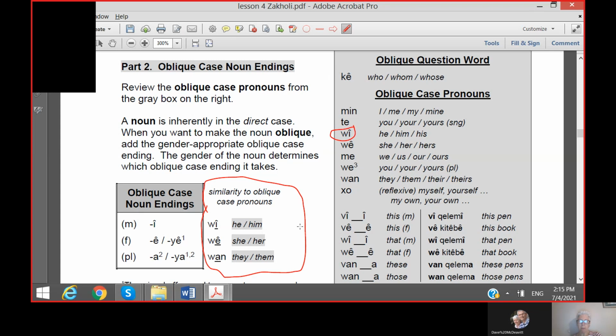It's we. And we ends with an I with a hat. And that is the masculine oblique case noun ending. Same thing with she or her. It's way. And way ends with an E with a hat. And that is the feminine oblique case noun ending.